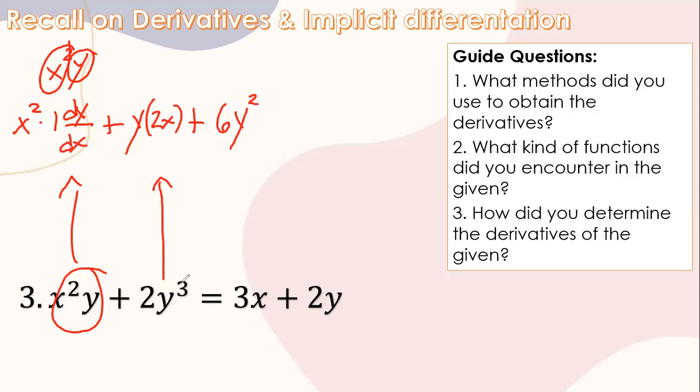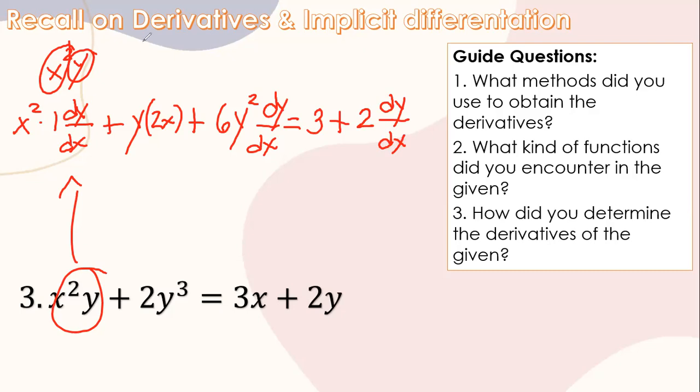Okay? So, we are deriving with respect to x. So, we have the variable y. So, magkakaroon lang siya ng dy over dx is equal to derivative ni 3x is 3 plus derivative ni 2y is 2 with respect to x yan, 2 dy over dx.